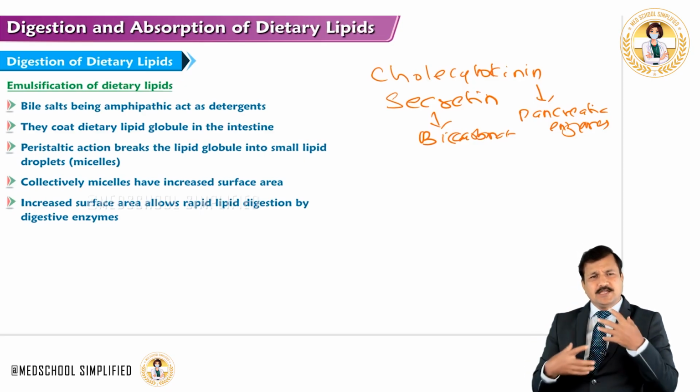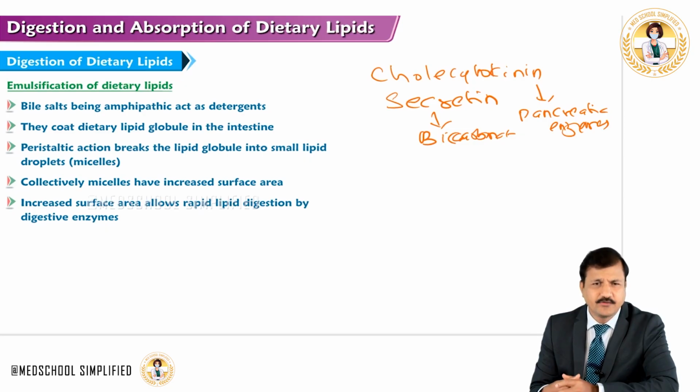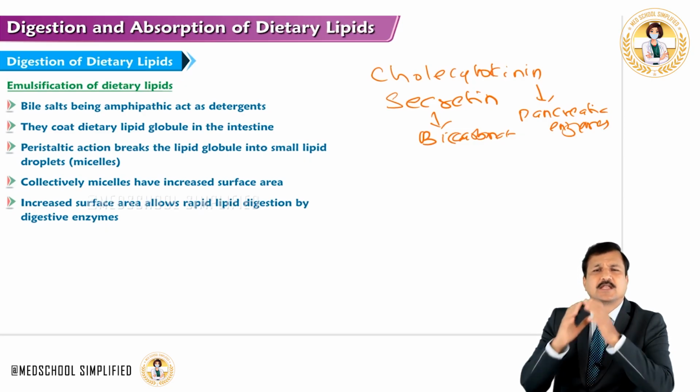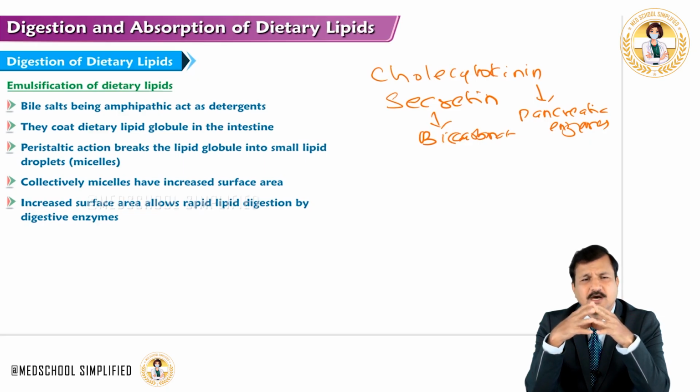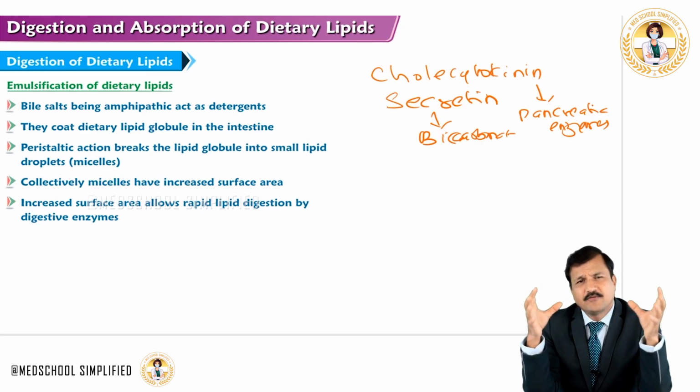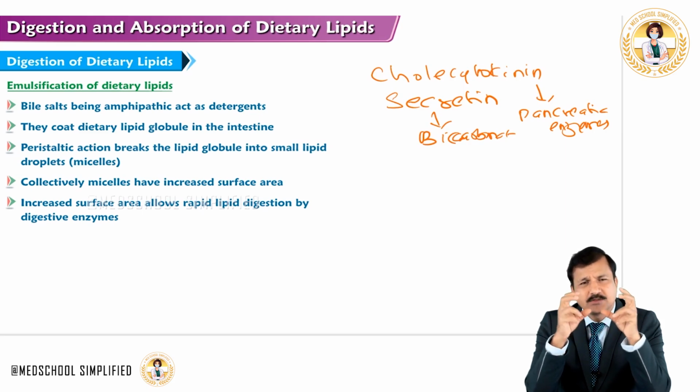In order to digest this hydrophobic lipid, the large lipid mass is broken down by intestinal contraction into small lipid droplets, while the lipids are coated with bile acids and bile salts, because these are amphipathic molecules and act as detergents, thereby helping in breaking the large lipid mass into simple lipid droplets and keeping their association with those small droplets.